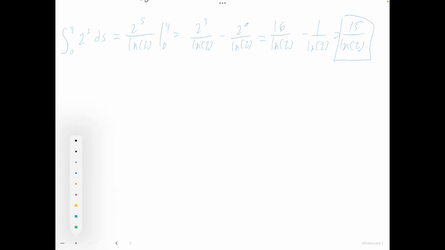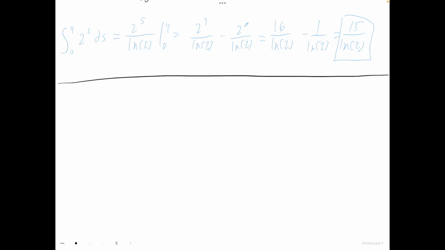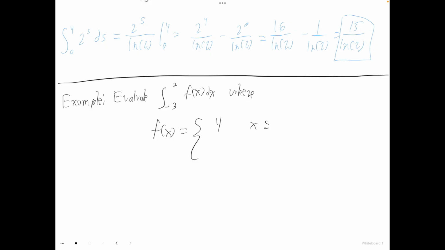Okay. Now we want to look at one more, slightly more complicated example. We want to evaluate the integral from -3 to 2 of f of x dx, where f of x equals 4 when x is less than or equal to 0, and 4 minus x squared when x is greater than 0.